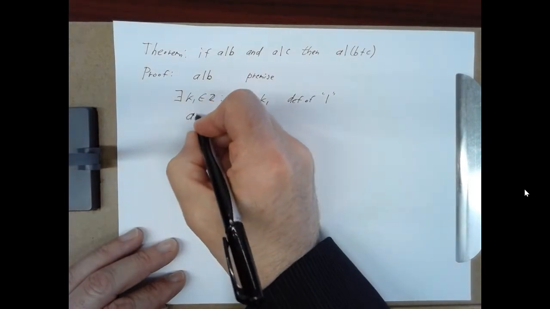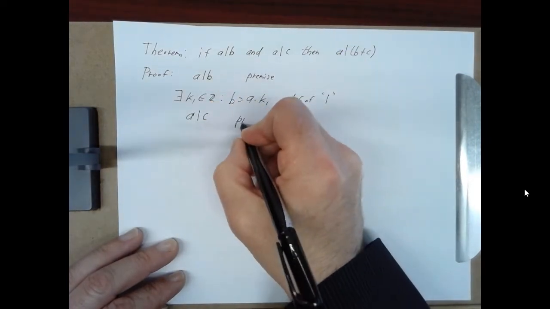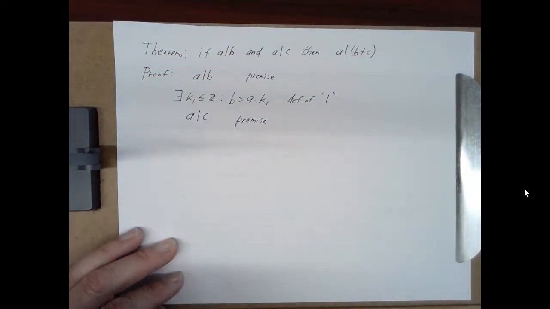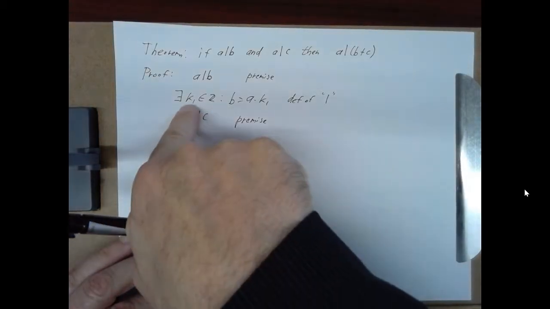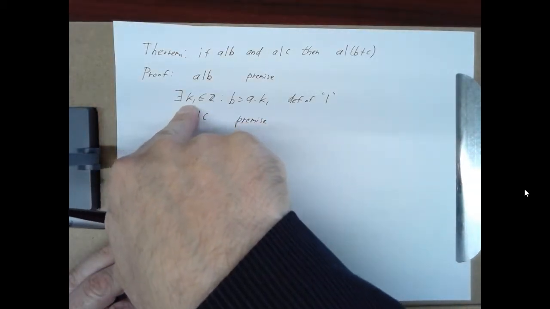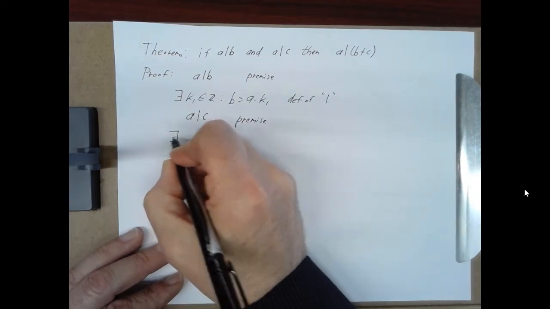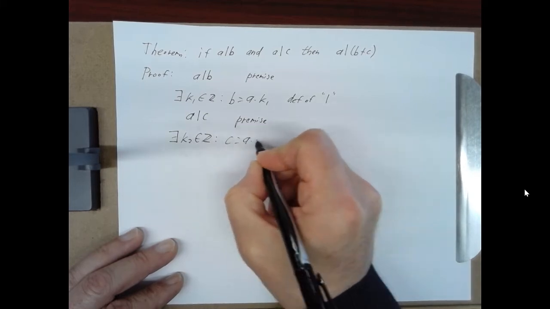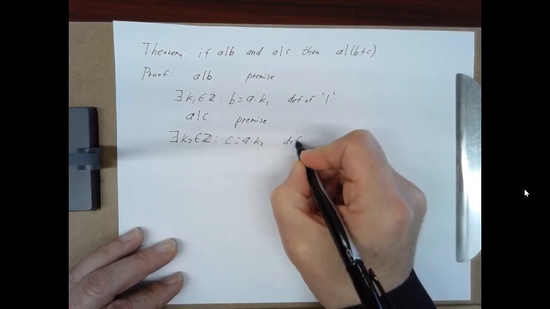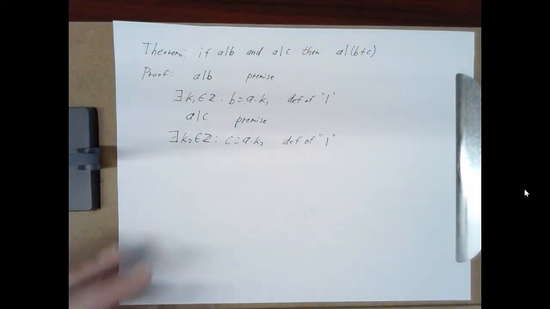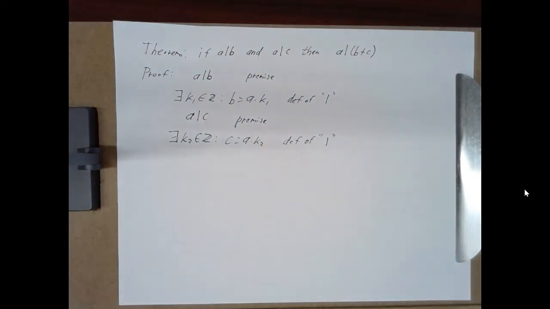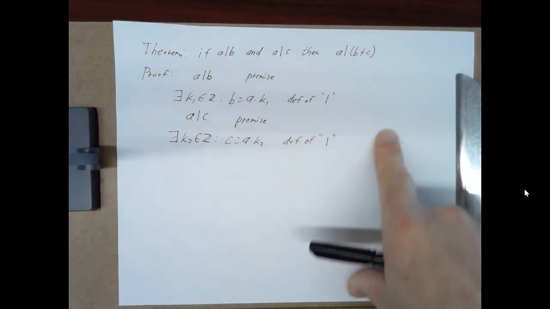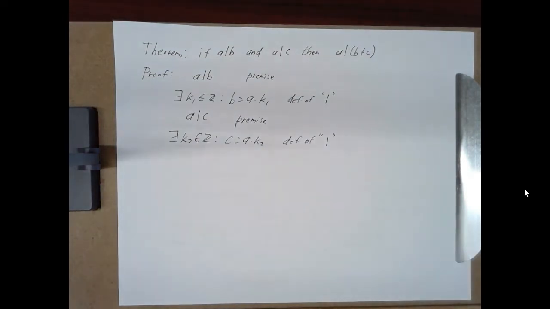We also know that A divides C because we're given that as part of our hypothesis. And since A divides C, there's some integer such that C equals A times that integer. It's not necessarily K1. In fact, it's almost certainly not going to be K1, but there's some integer, we'll call it K2, such that C equals A times K2. And that's the definition of divides. Well, what are we trying to show? We're trying to show that B plus C is some multiple of A. So we might have a section over here that we say ignore.